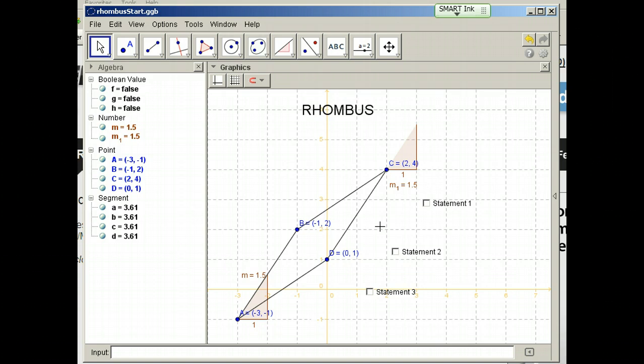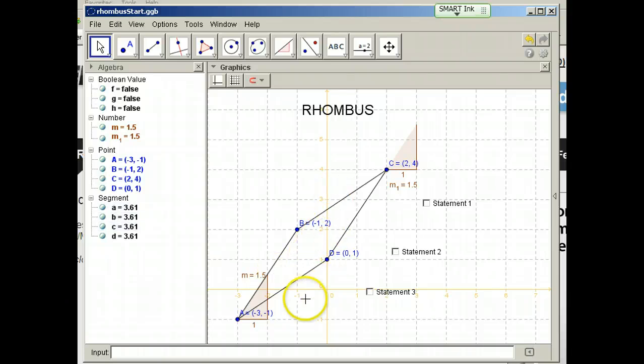You should, of course, be able to calculate the slope by subtracting coordinates: 2 minus -1, which is 3, and -1 minus -3, which is 2. So this slope is 3/2, or 1.5.